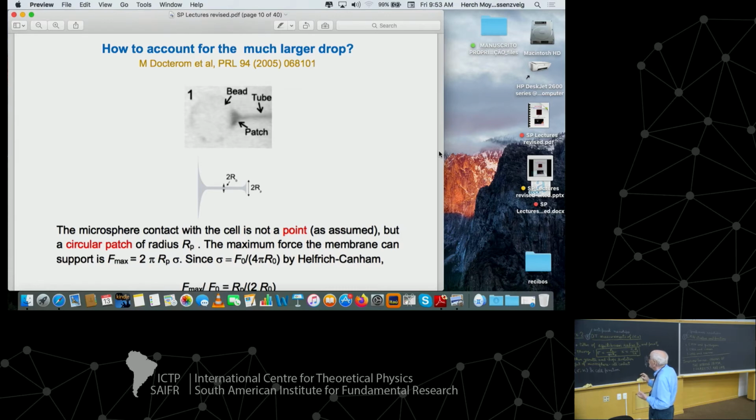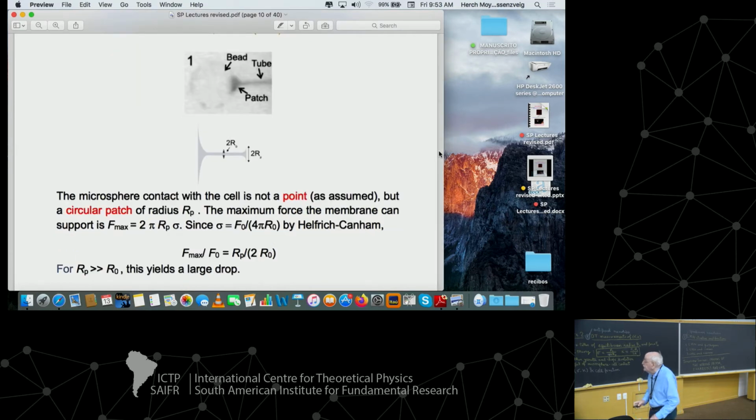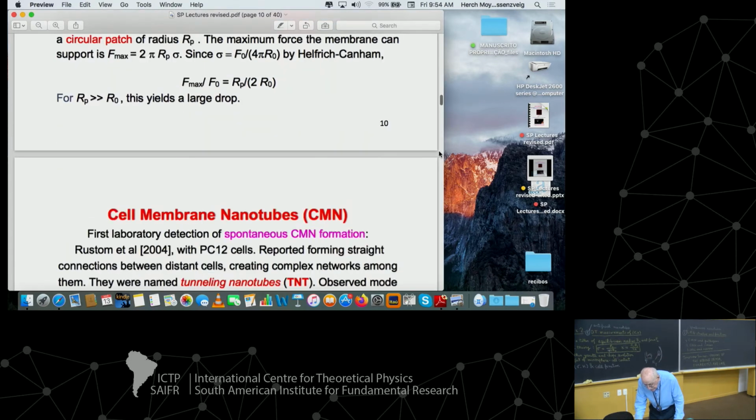Then you use the fact that sigma is given by the Helfrich-Kahnum formula, and you find that the ratio of the maximum force to the equilibrium force is just the radius of the patch divided by twice the equilibrium radius. And usually, the patch radius is much larger than R0, and that's why you get this very sharp drop. Okay? That's the explanation. All right.